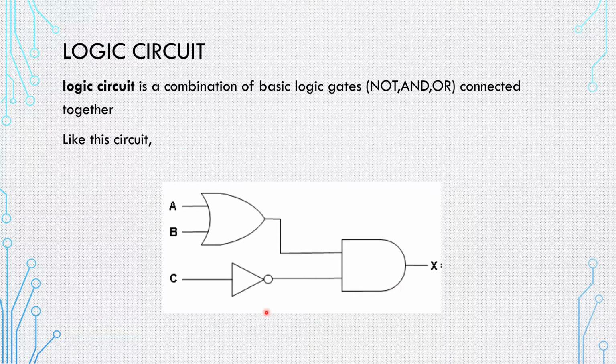It should not necessarily have all three together. It's possible to have only two gates and you fulfill the definition. Two gates is the minimum requirement to have a logic circuit. Even the symbol itself is considered a logic circuit. So we want to learn how to study this logic circuit by looking at the symbol.